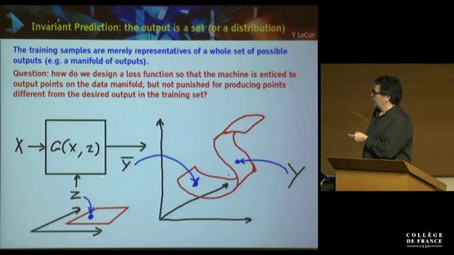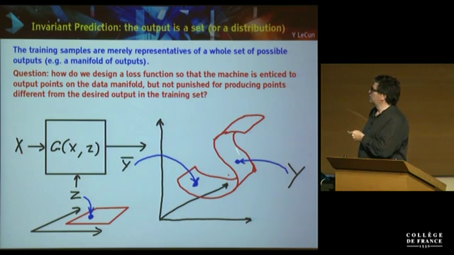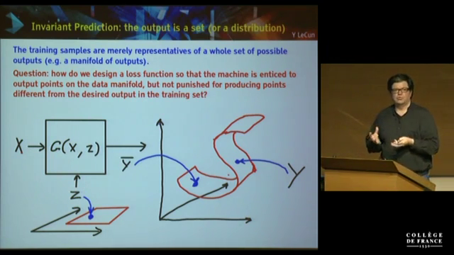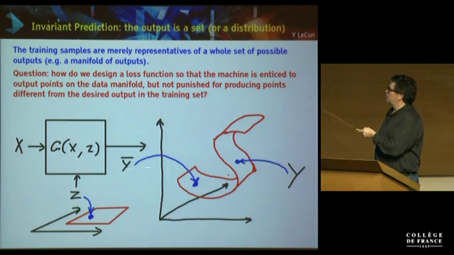Imagine you have a whole convolutional network here. You give it an observation, let's say the previous video frames and nonsense, random numbers encoding the possibilities of predicting. The big question is, how do we design a loss function so that the machine is not punished for this prediction if the future, the data, gives you this?